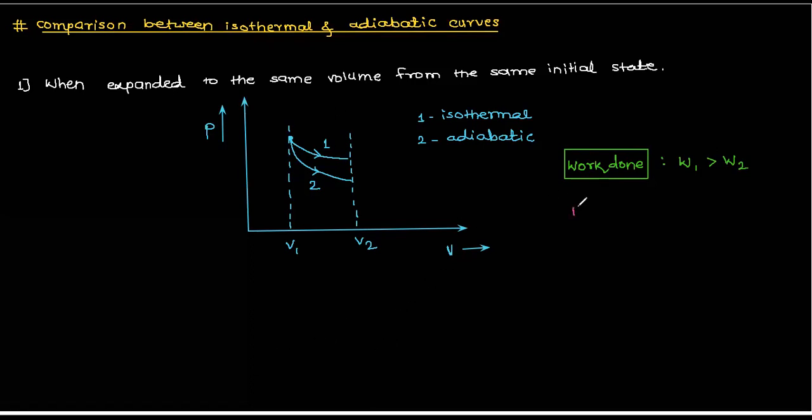Second point, that is final pressure. If we consider the final pressure, then which pressure is more? Tell me. You can see the graph here. If we draw this point, yes, can you see? This is P2 and this is P1. Which one is greater? P1 is greater, isn't it? So for final pressure, P1 is greater than P2.